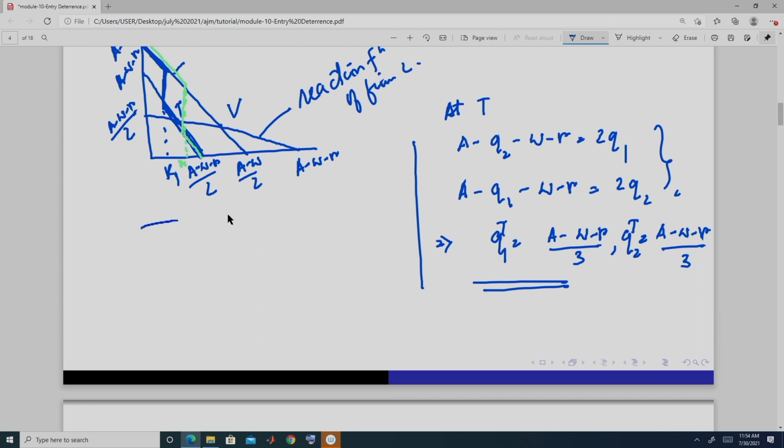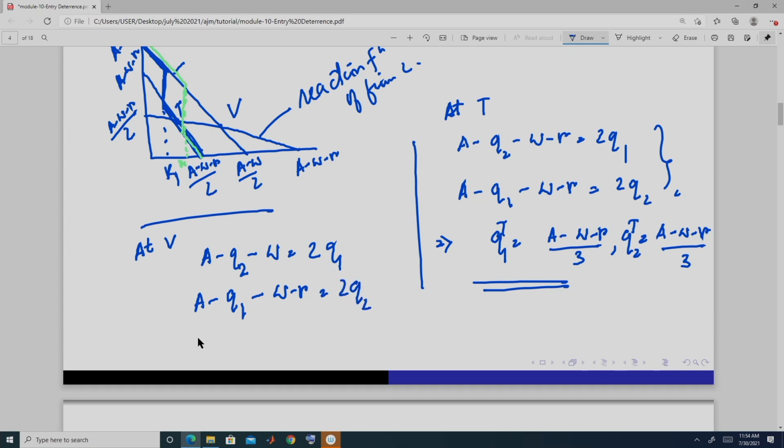At V, the reaction function of firm 1 is this, and the reaction function of firm 2 is this.